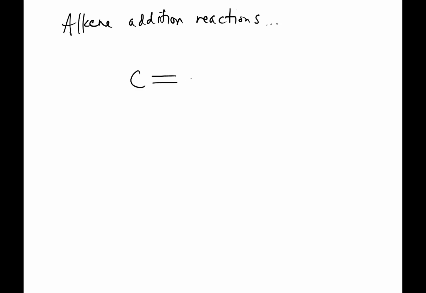Let me change color here. So let's say this, alkene addition reactions. This is not all of the reactions that alkenes do, but in this chapter, those are the ones that are highlighted here. So let's say we have an alkene, and the ones we talk about follow this form, and we have A, B, this is generic.